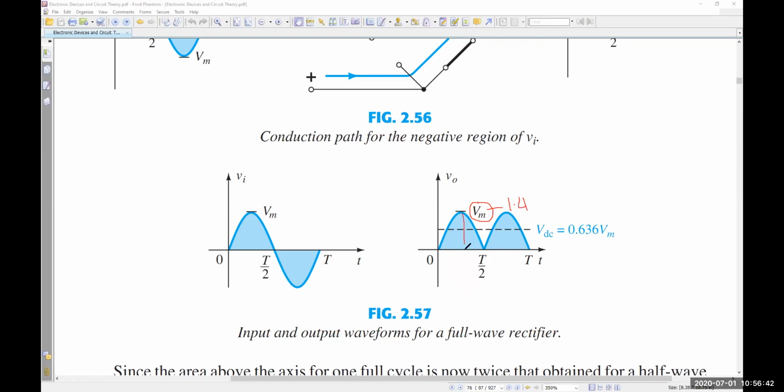For the positive half cycle, 1.4. For the negative half cycle, it is 1.4. Agree with me? So your actual formula will be VM minus 1.4, that will be your actual value if you use actual diodes. Now, again, this is for silicon. What will happen if I use germanium?